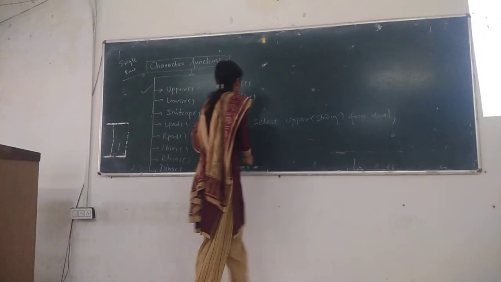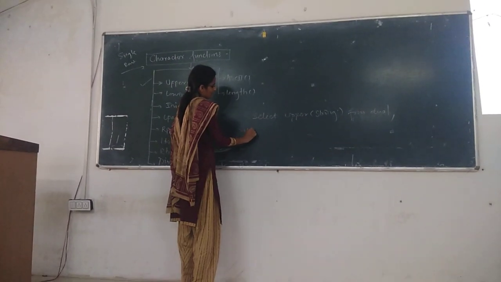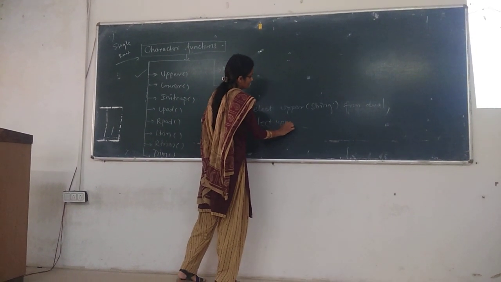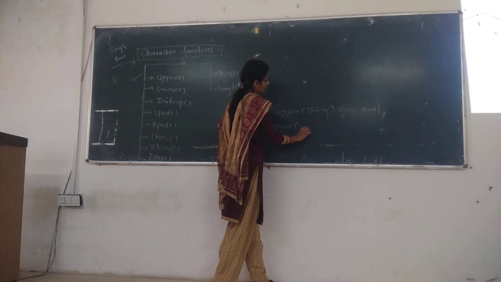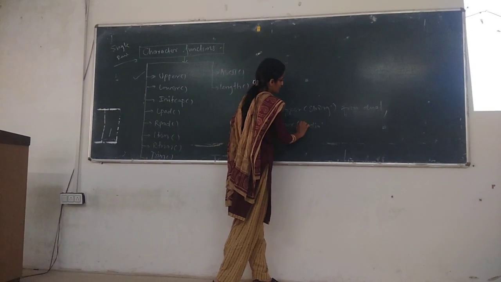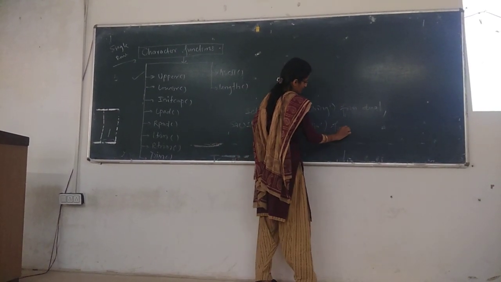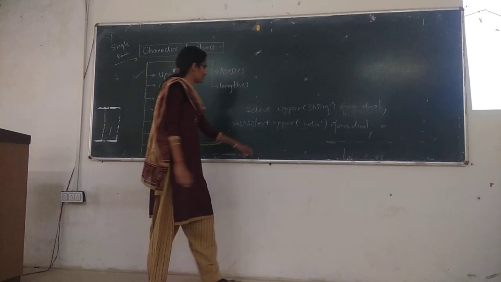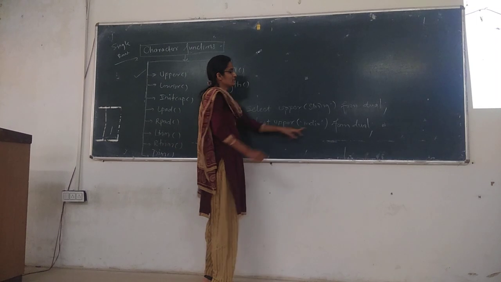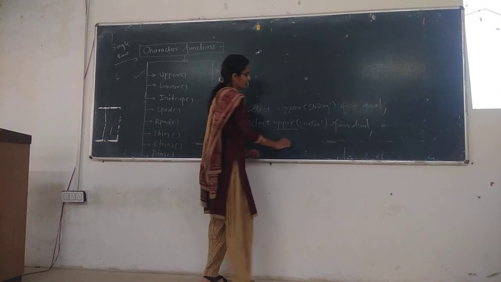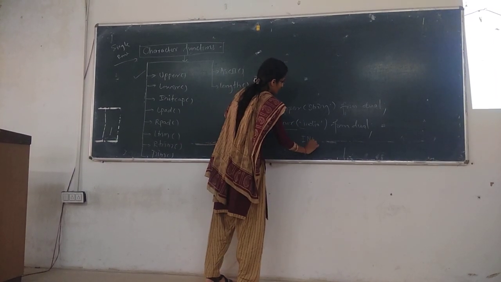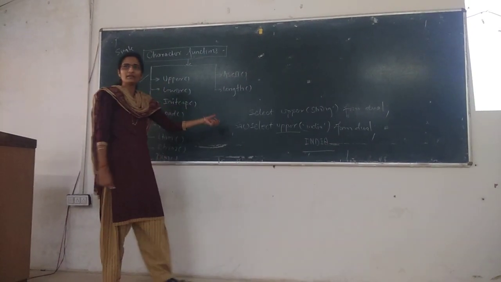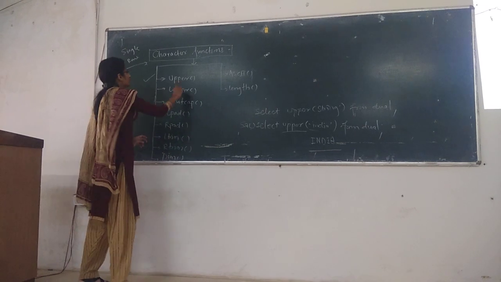For example, select upper in bracket, suppose I am writing india like this, from dual. So this function upper will convert this india small letters into the capital I-N-D-I-A. So output of this will be in the capital. So this is the upper.